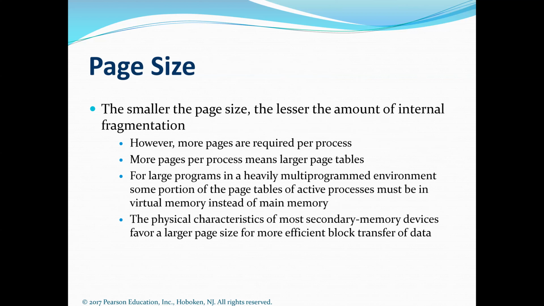Now, to optimize the use of main memory, it's good for us to reduce the internal fragmentation. On the other hand, the smaller the page, the greater the number of pages required per process. Because if we have smaller pages, then we will get more pages. So more pages per process means larger page tables.